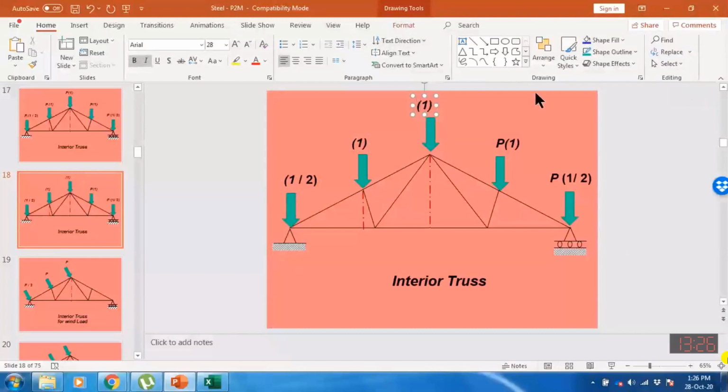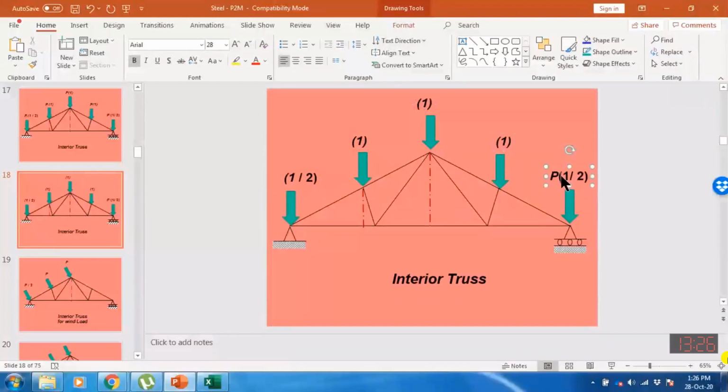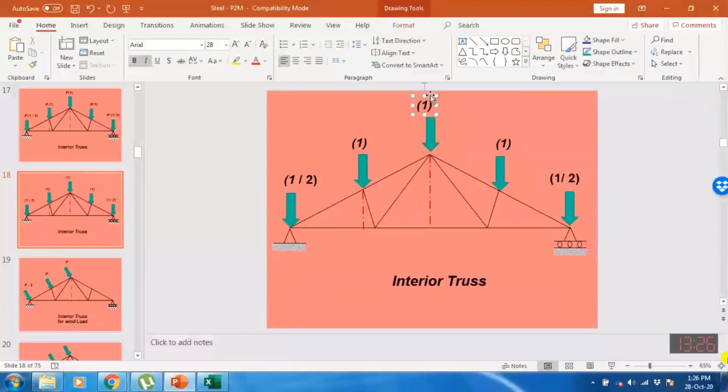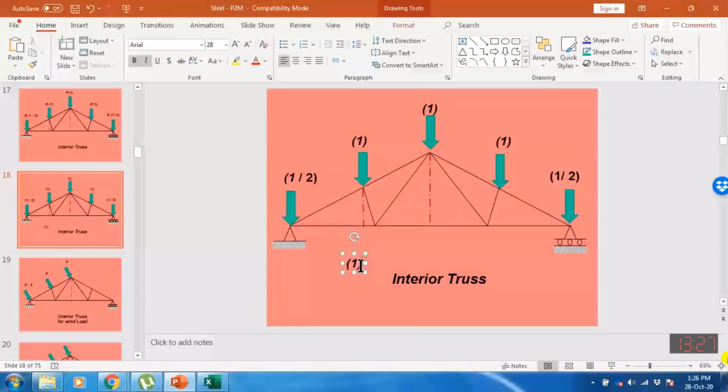So due to this one load, the force in this particular member may be, for example, 2.5. Okay, bottom chord, this one.